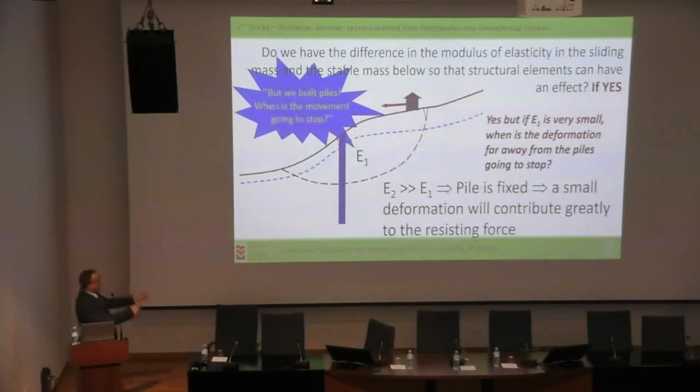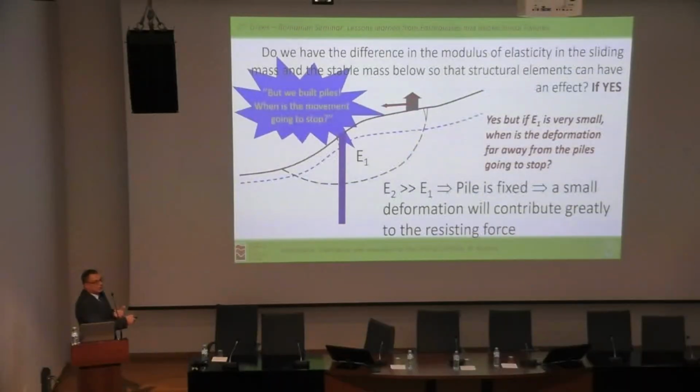Why is my structure up here in the scarp still moving? Which actually makes sense, because if something is very soft and we placed some stiff structural elements some 200 meters away, by what time, if ever, is actual movement going to stop in a structure very high, very far away from that structural element?